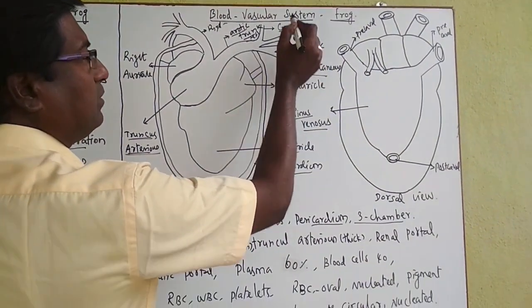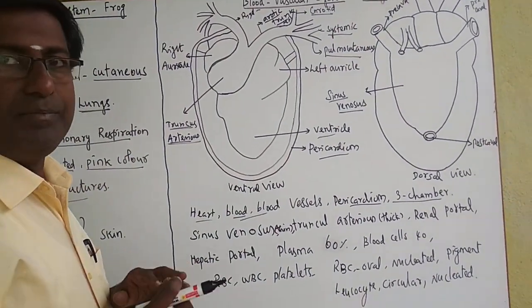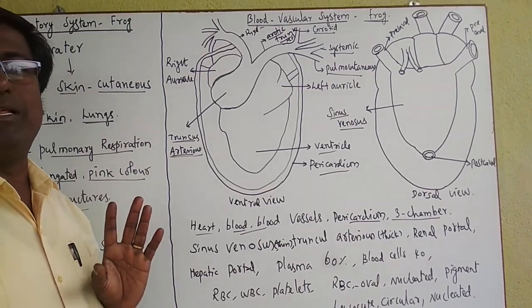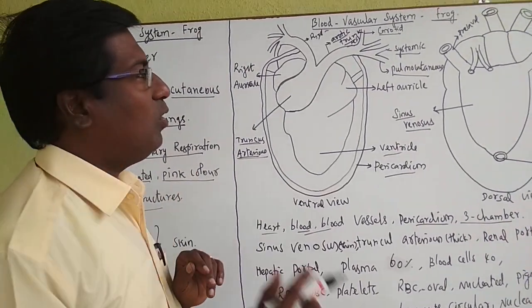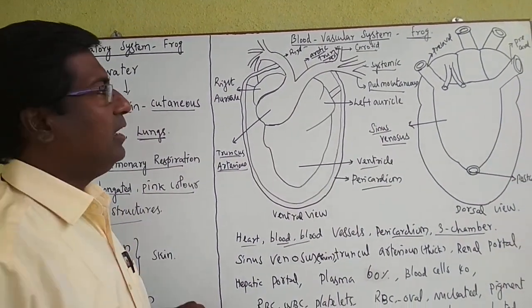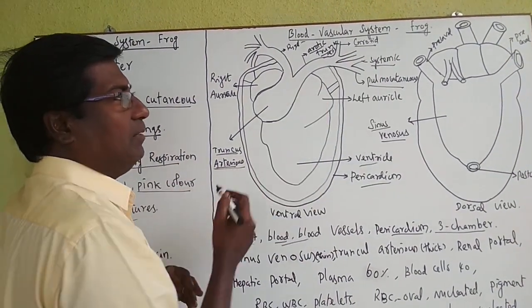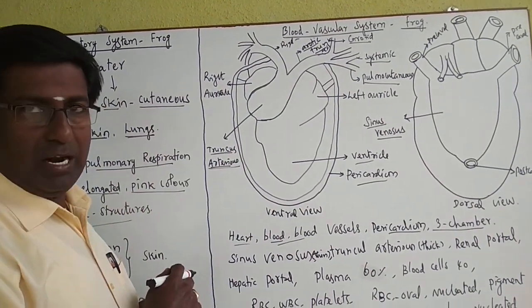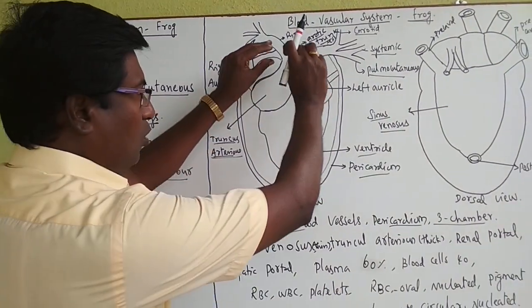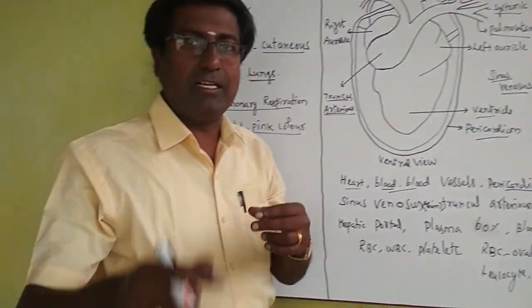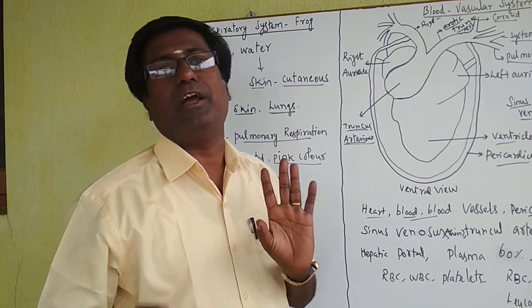See, the carotid branches deliver blood to the anterior part, the head region. Next, the systemic trunk supplies the whole body. This is the left systemic trunk branch, and here also the right systemic trunk branch. Both branches join together and run backward and downward as a single dorsal systemic aorta.